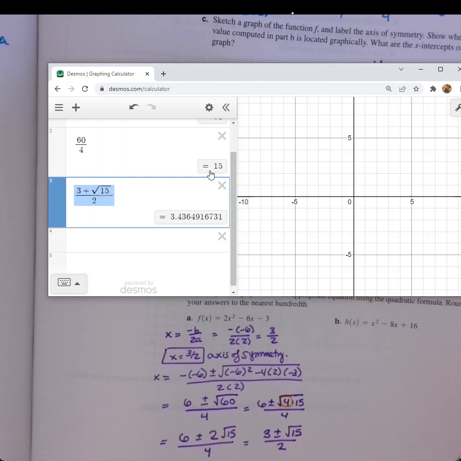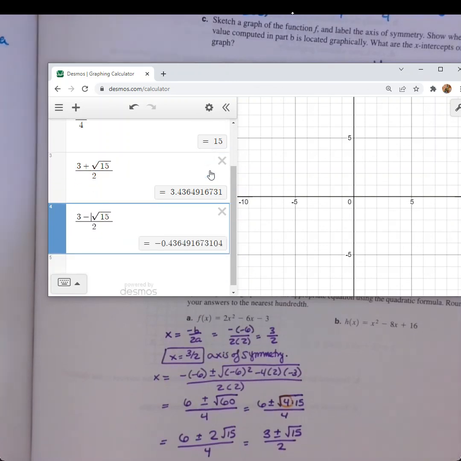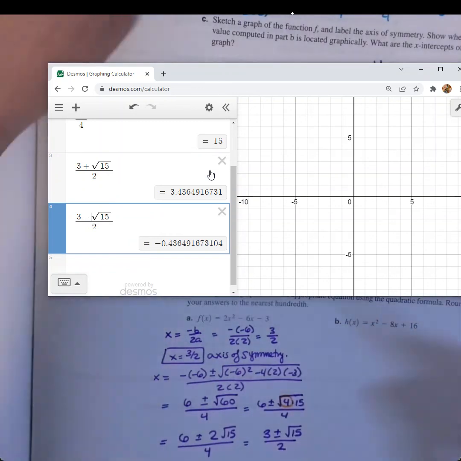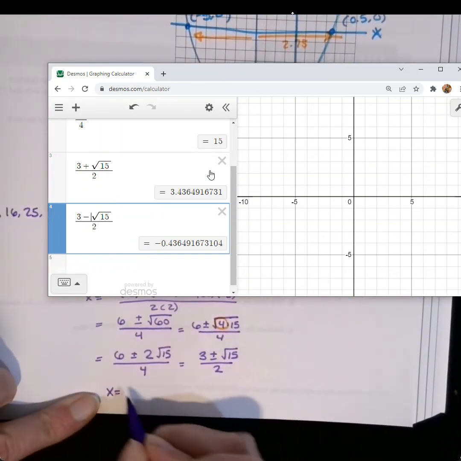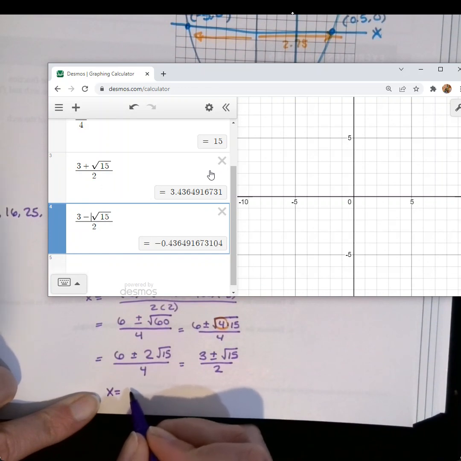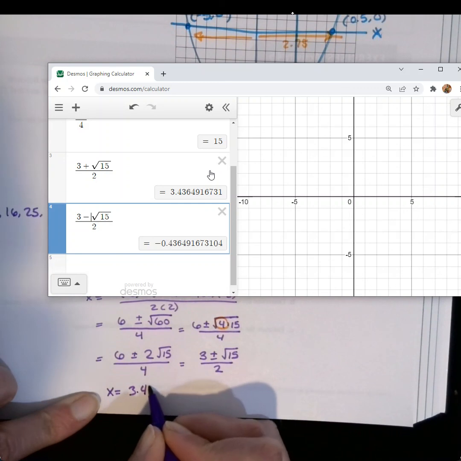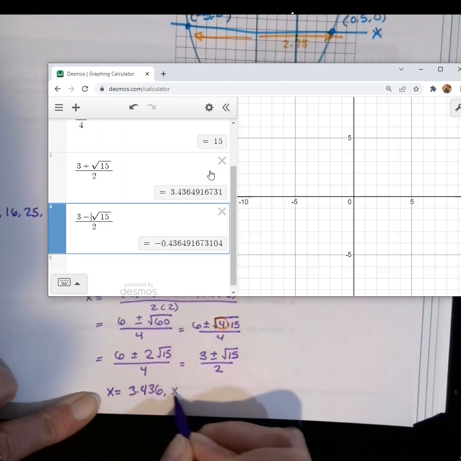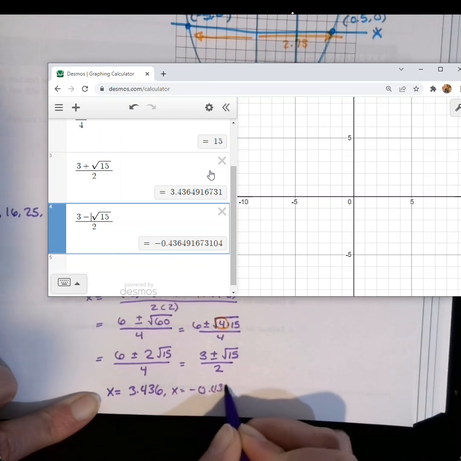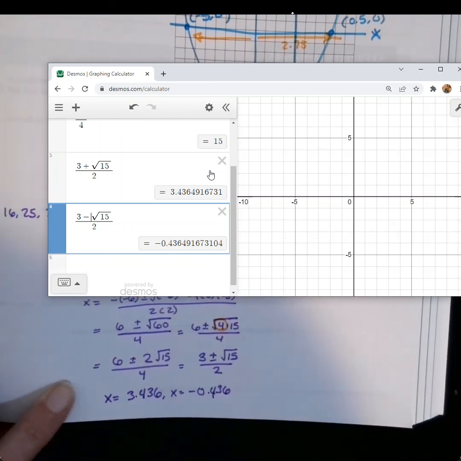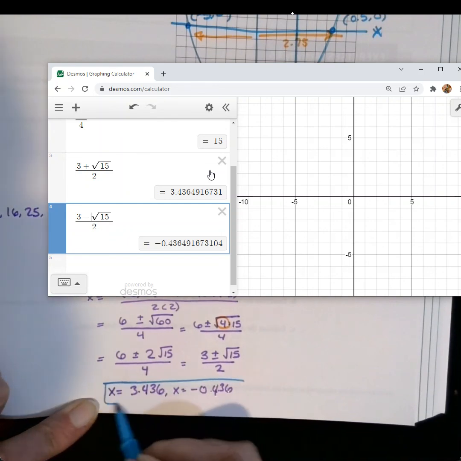And copy paste, 3 minus the square root of 15 over 2, to get our two answers as x equals 3.436 and negative 0.436. Now, for this question, that's really what they want, the decimal.